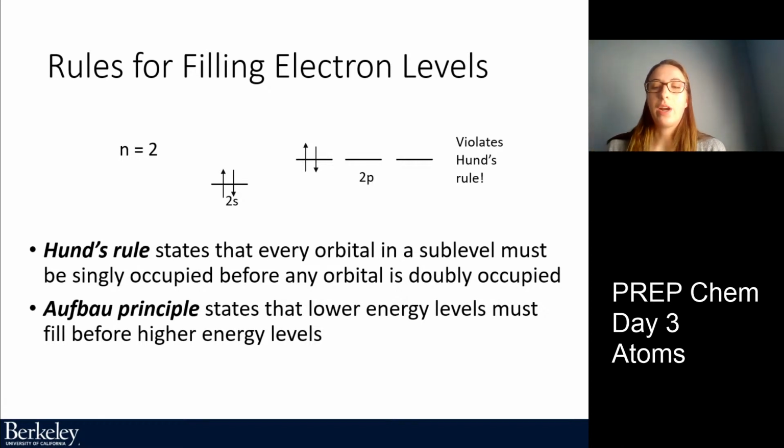Someone asked why the arrows are up and down. This is because, so we didn't discuss what quantum numbers are yet. The directionality does matter for the arrows because that means you can't have 2 electrons in the exact same place. You can't have 2 electrons that both are up in the same orbital.